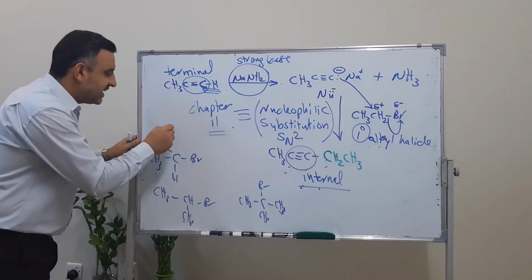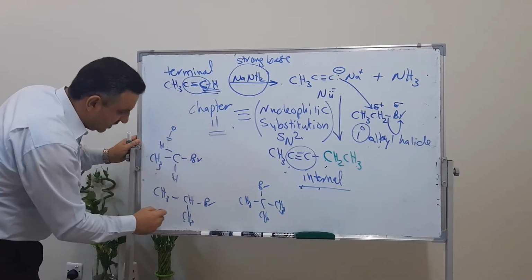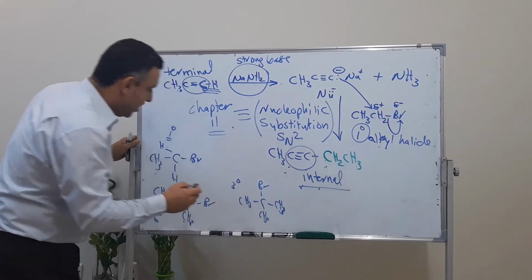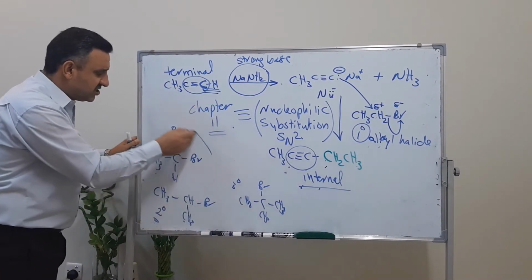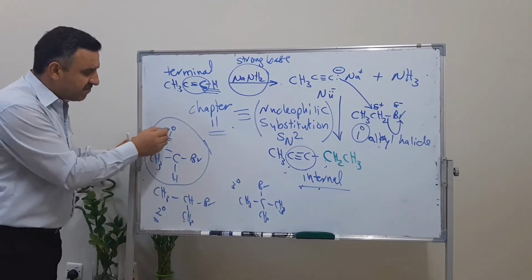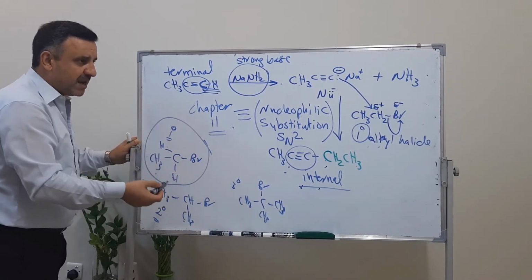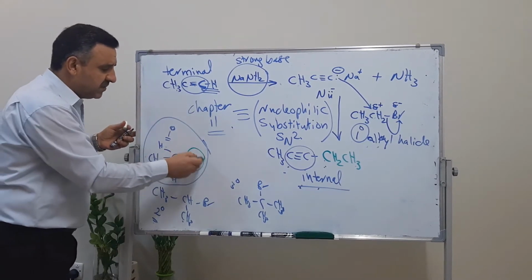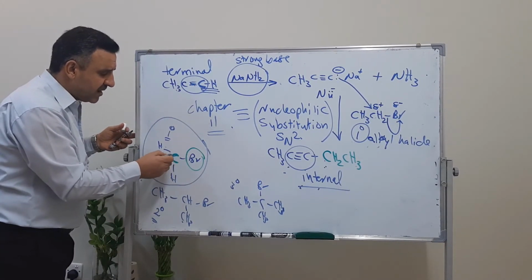We call this a primary alkyl halide, this a secondary alkyl halide, and this a tertiary alkyl halide. What we mean by this reaction is only this reaction, whenever we have a primary alkyl halide. Primary alkyl halide means the halogen is attached to a carbon which is primary.